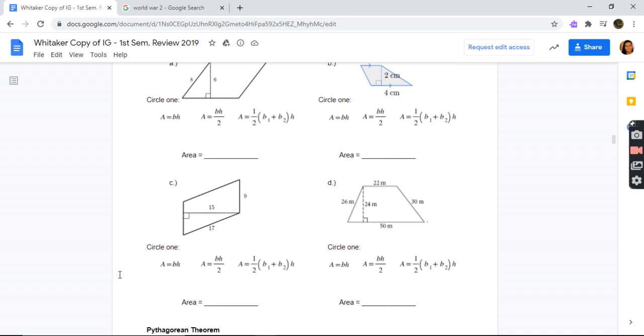A equals BH. A equals BH divided by 2. A equals 1.5 times B1 plus B2 in parentheses, H. There are a lot of measurements: 26, 22, 24, 50, and 30. A equals BH. A equals BH divided by 2. A equals 1.5 times B1 plus B2 in parentheses with H.